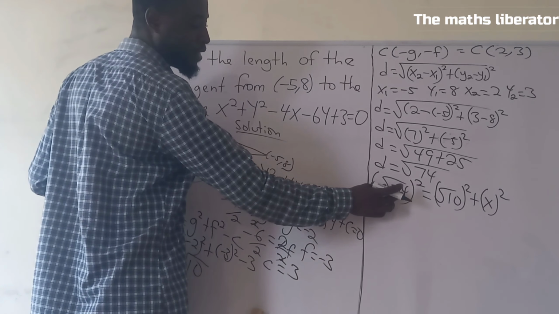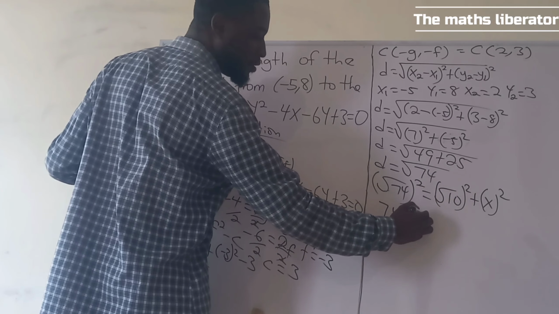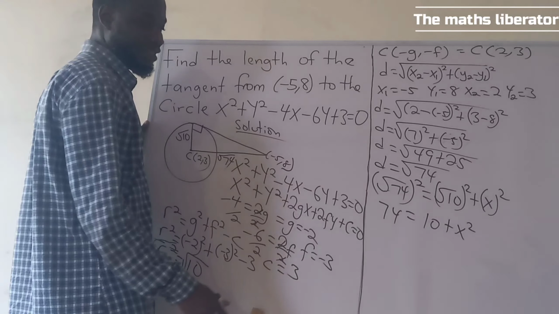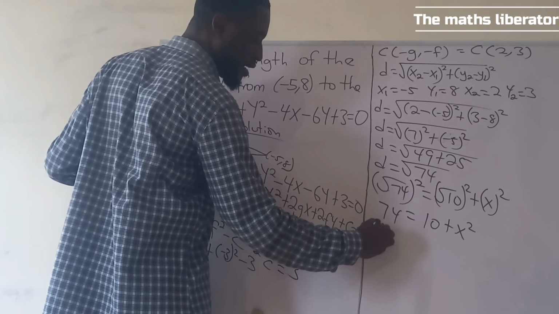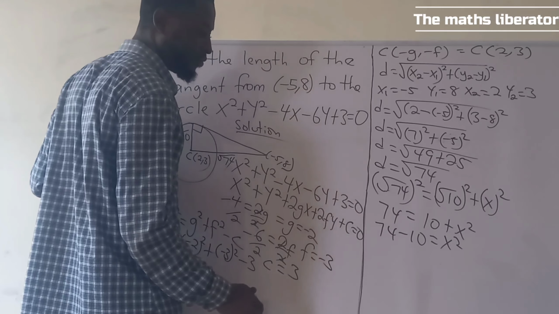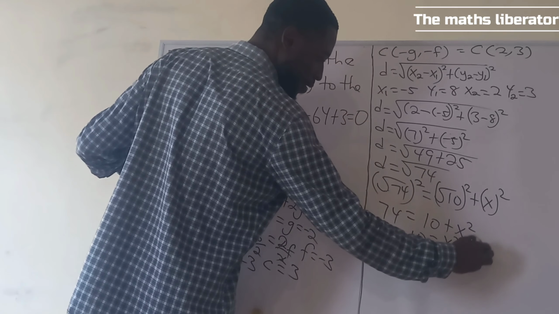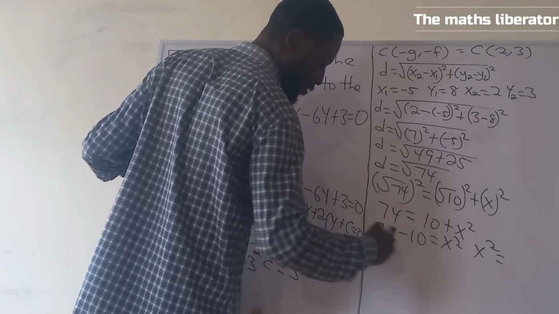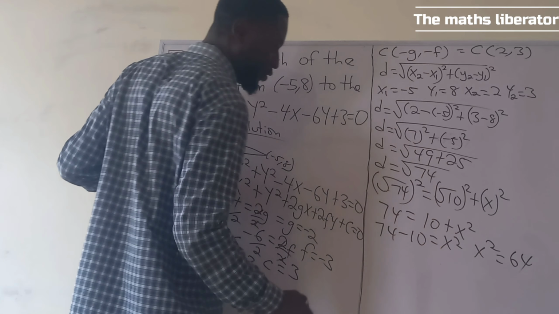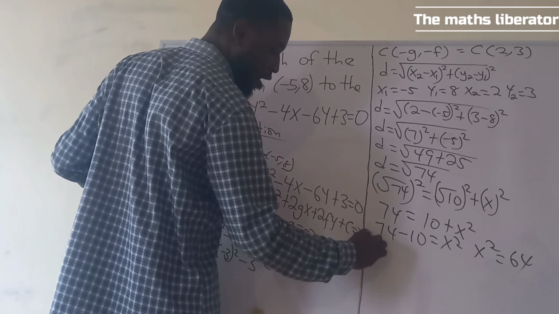Square root of 74 squared gives 74. Square root of 10 squared gives 10, plus x squared. So 10 moves over, and 74 minus 10 equals x squared. So x squared equals 64. To get x, we square root both sides.